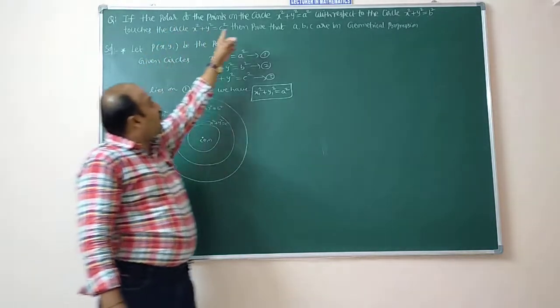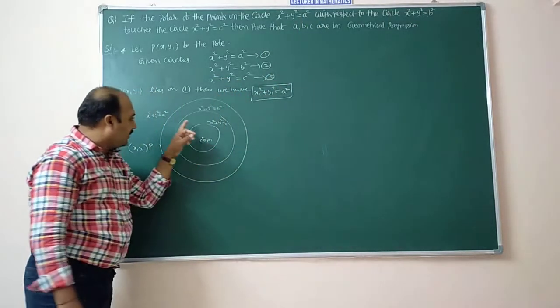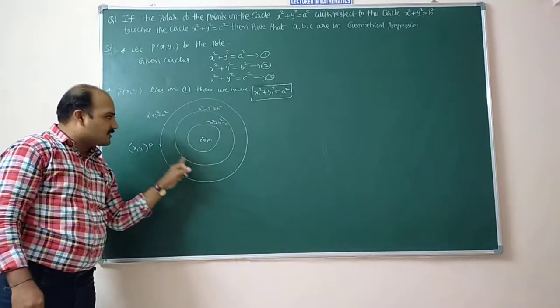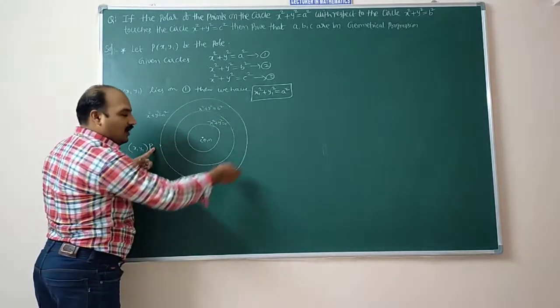Here the point I am taking now, this point P of x1, y1. The polar of the point on the circle with respect to the second circle. Second circle means this one. When the point is external, this is the circle.